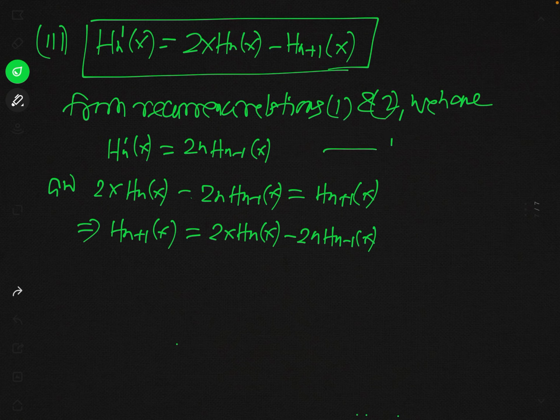Now let us say this is equation 1 and this is equation 2. Now simply adding these two equations 1 and 2, you will get this third recurrence relation.